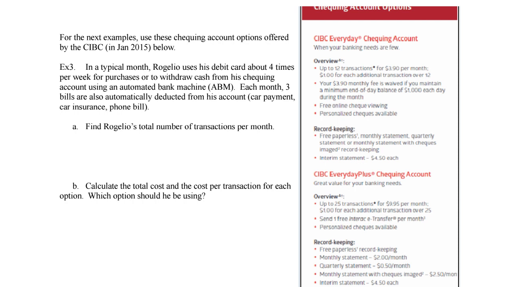I'm going to underline that 4 times a week. So now what we're doing in this problem is we're trying to figure out which account would be best for us in the long run for banking, because you kind of want to always save money, don't you?